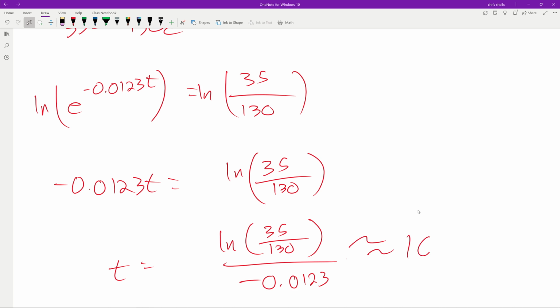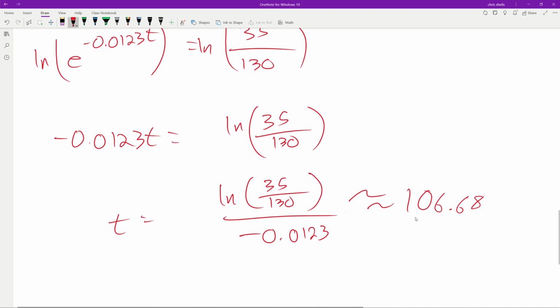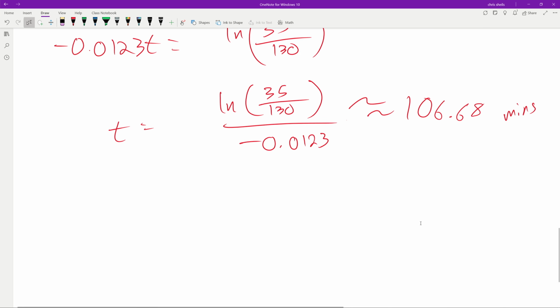And this is about 106.68 minutes. If we were rounding to the nearest minute here, we'd say about 107 minutes, or 1 hour and 47 minutes for the cheesecake to cool to 70 degrees.